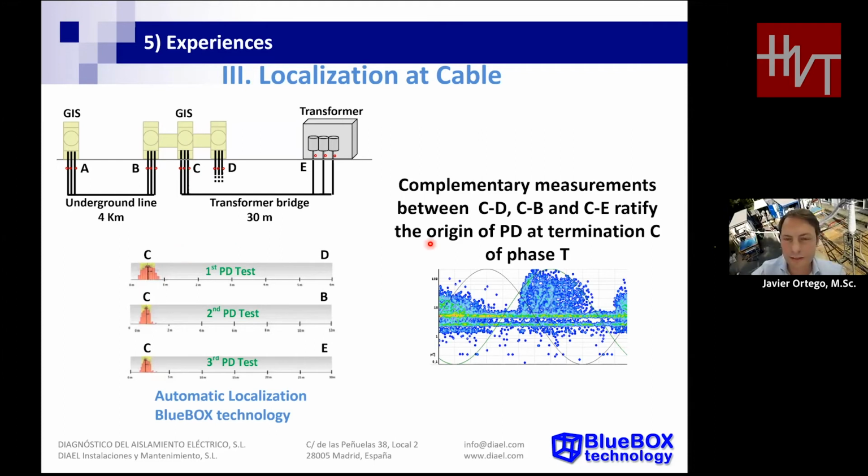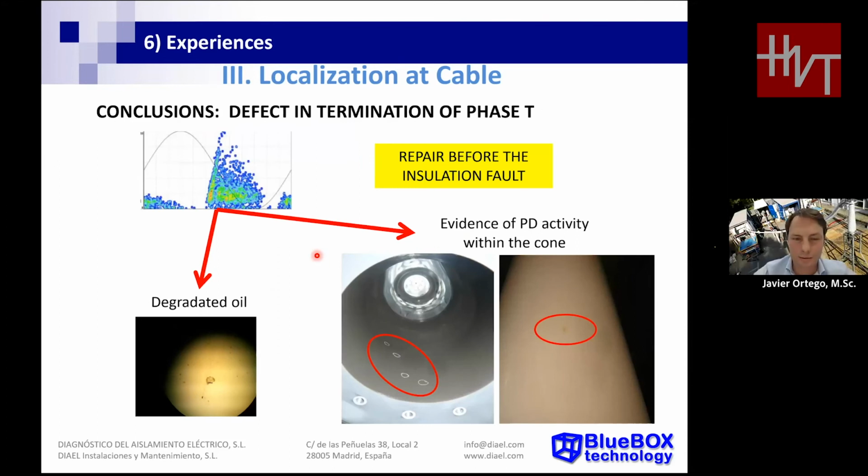So finally, with the manufacturer, in a 220 kV GIS, the customer, the owner of the installation, decided to open the termination, and this was the result. There were several signs of degradation by the PD. The first one was that the oil of the termination presented degradation.